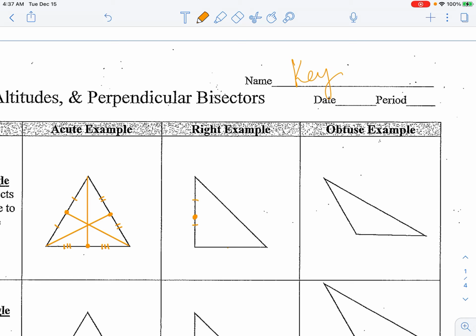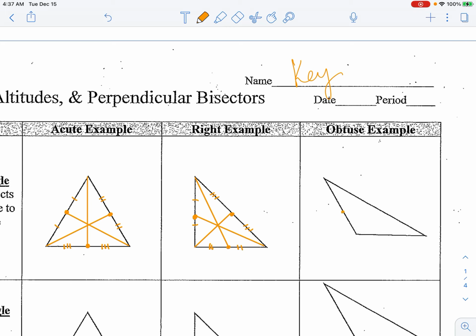So I'll draw my midpoint. I'll draw my midpoint. I'll draw my midpoint here. And then I'm going to connect my vertices to the corresponding midpoint. And when I do this, again, they meet at a point here, if I drew it perfectly.